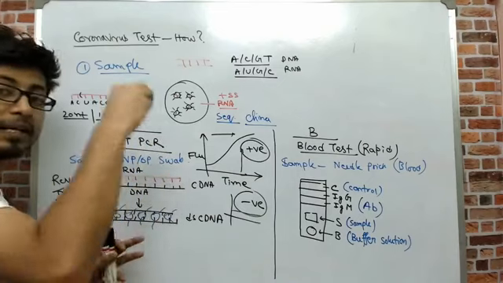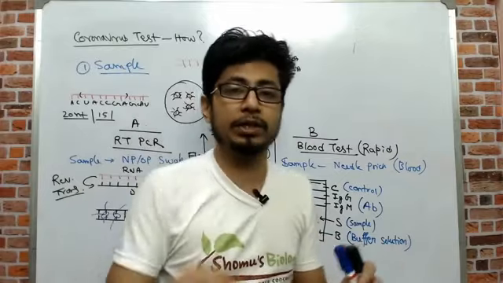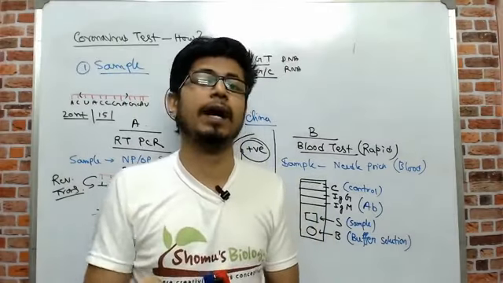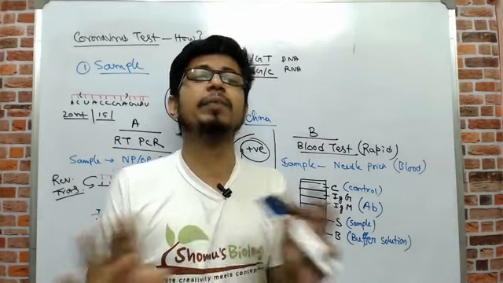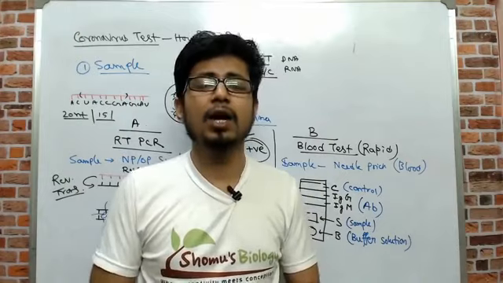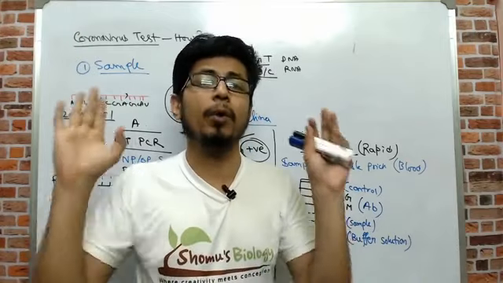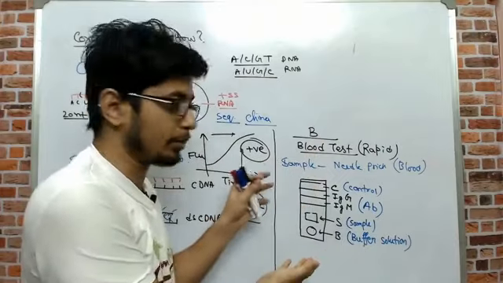But this blood test is not going to tell you whether you're currently infected. It's going to tell you whether you have been infected with the virus at some point, earlier or currently. That's what this test is going to tell you.